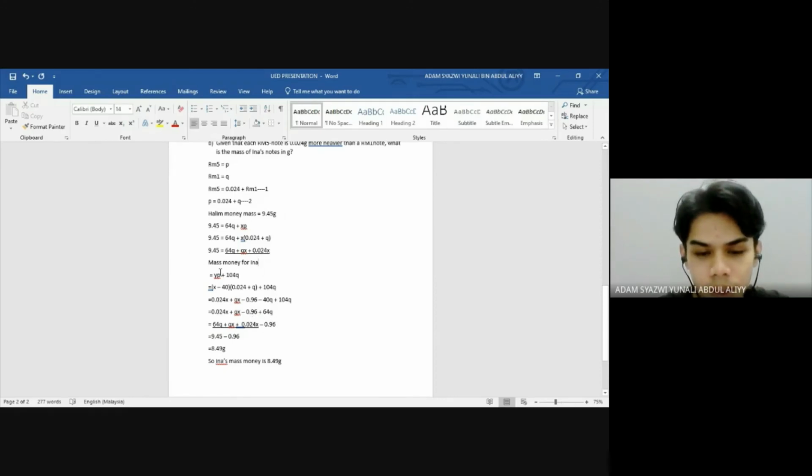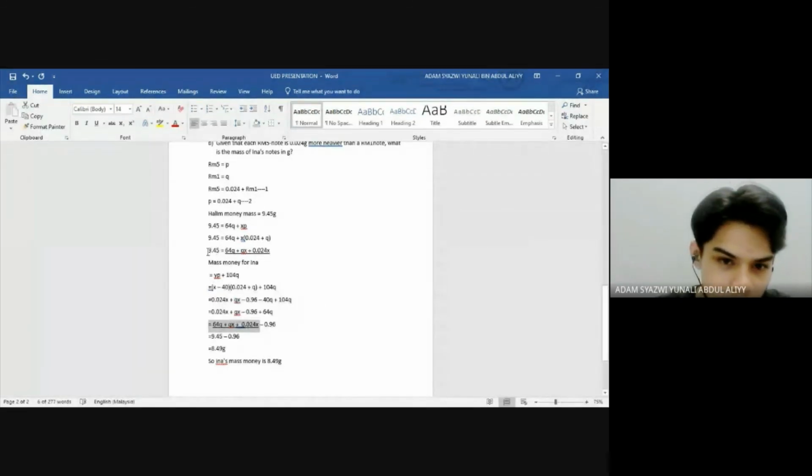So if we notice, 64Q plus QX plus 0.024X is just the same as this one. So we're going to conclude this one as this 9.45 gram, which is the money mass of Halim.